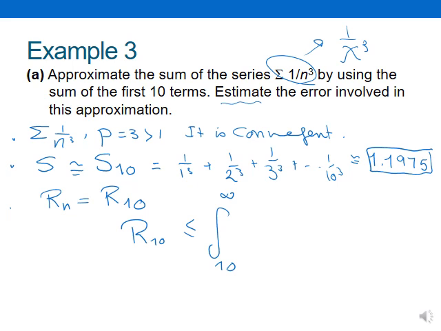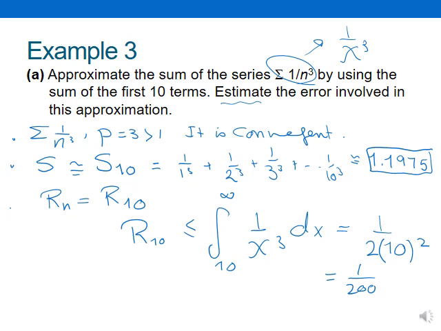The function related to 1 over n cubed is the function 1 over x cubed. If I integrate 1 over x cubed dx, the integral is the integral of x to the power -3. I raise the power by 1, so it becomes x to the power -2, and divide by the new power. Substituting with the limits, 1 over infinity turns to 0, but then I get 1 over 2 times 10 squared. So the value of the remainder bound is 1 over 200.